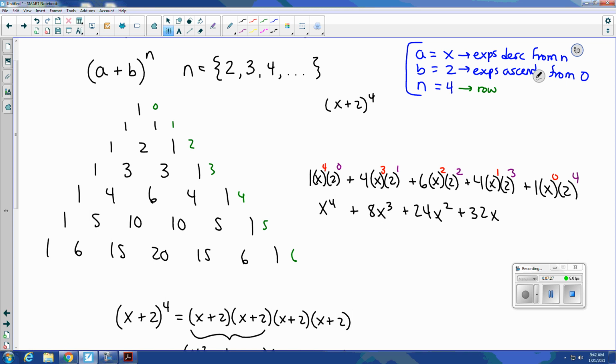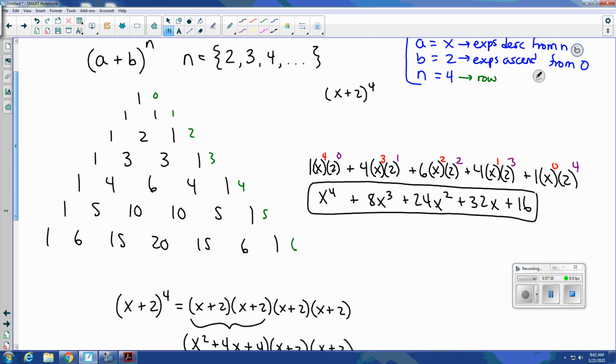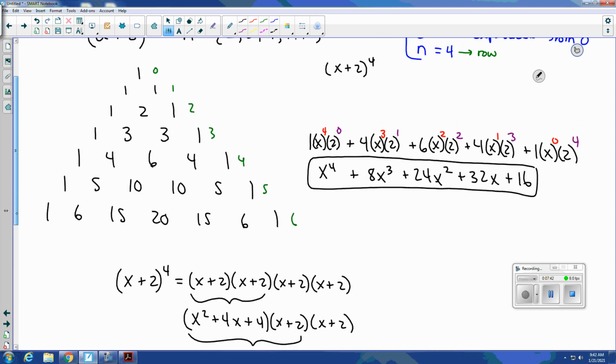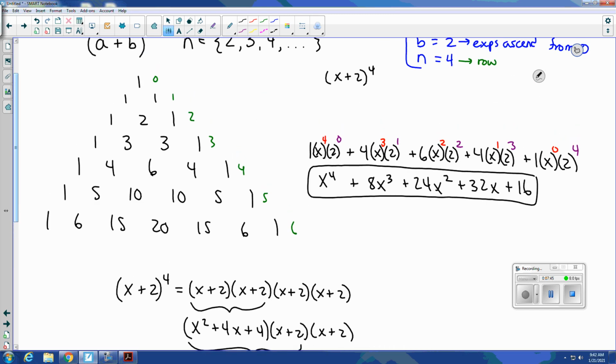And then anything to the 0 is 1, so 1 times 2 to the 4th is 16. So in 2 lines of work, we were able to expand that binomial and get the same result as we did before without any of that crazy distribution and a need to combine like terms.